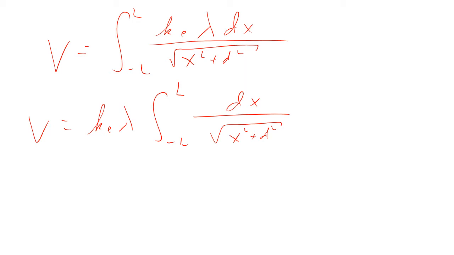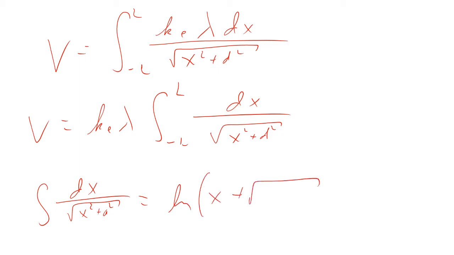If you look in the back of the book, it says that the integral of dx over the square root of x squared plus a squared is equal to the natural log of x plus the square root of x squared plus a squared. So you find that in the back of the book, and that means we can just apply that.